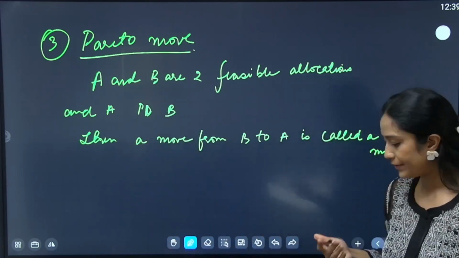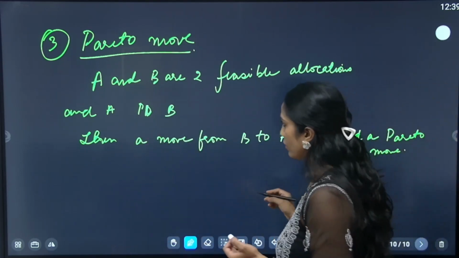Okay, and the final definition that we will have is what is called Pareto optimal.